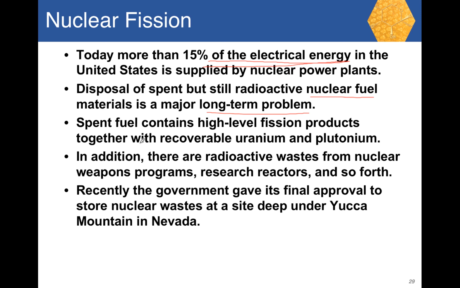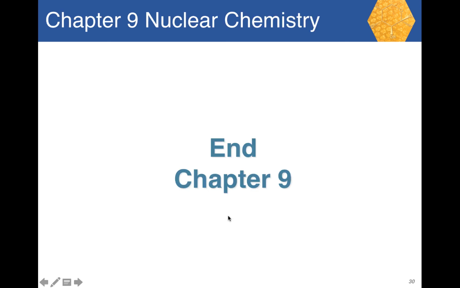And so that becomes a challenge for the environment. Different techniques have evolved over the years. One is to bury it deep underground in Yucca Mountain in Nevada. So they dig deep into the ground and bury it. Of course, the rationale there is that if it's way into the ground, the radiation will not easily come out to affect humans. So this is the end of chapter 9.